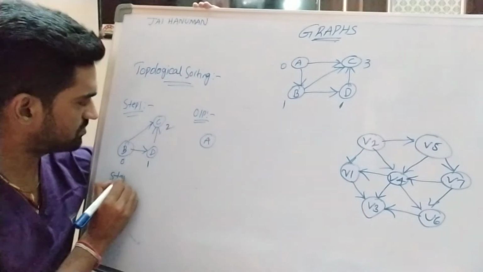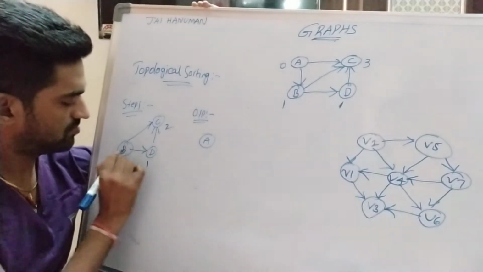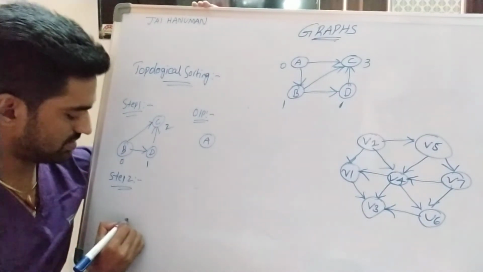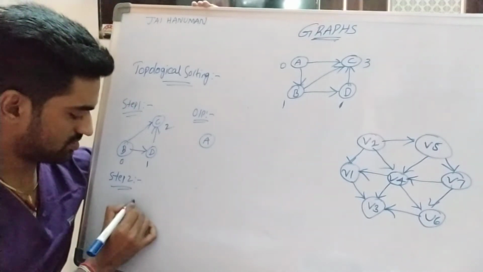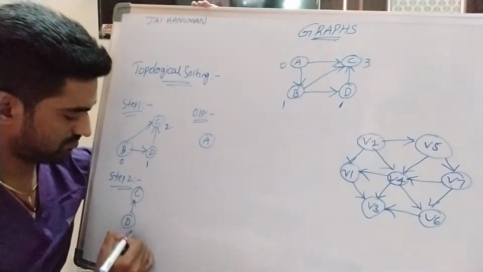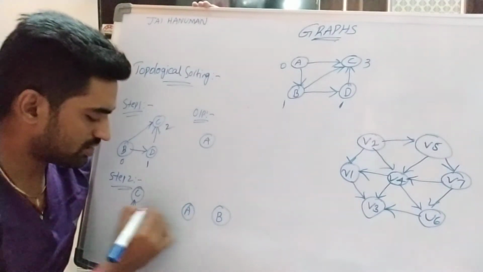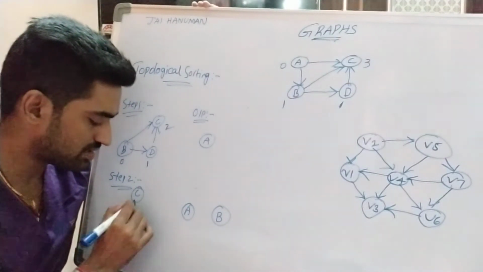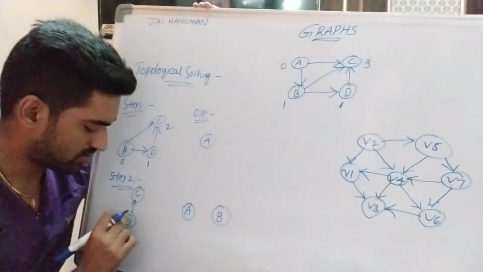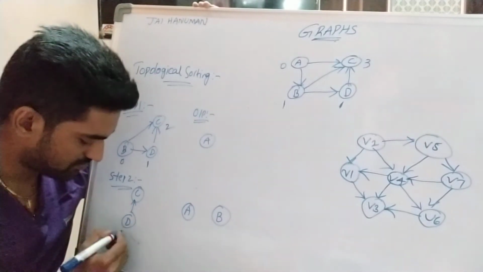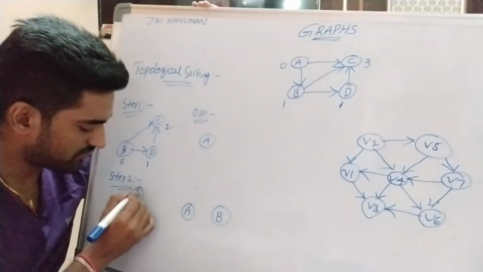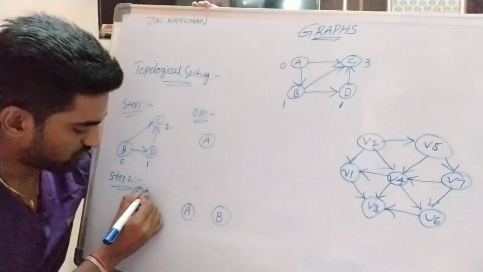Now the graph becomes D, C. The output becomes A, B. Again, we calculate the integrity for each vertex of this graph. What is the integrity for D? 0. What is the integrity for C? 1.